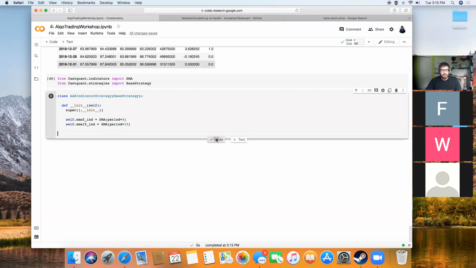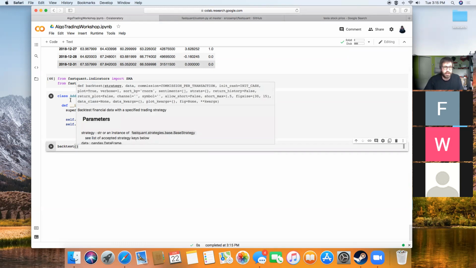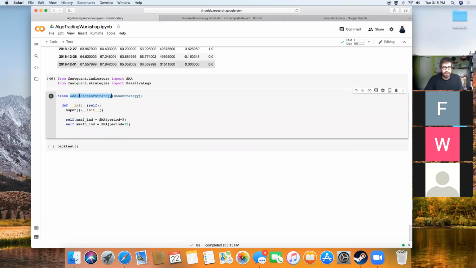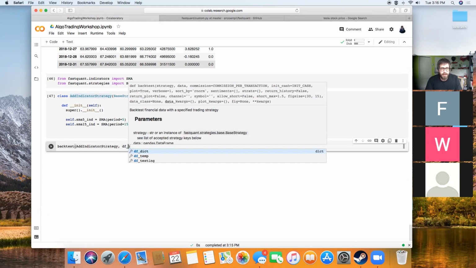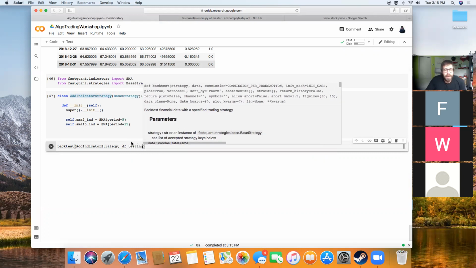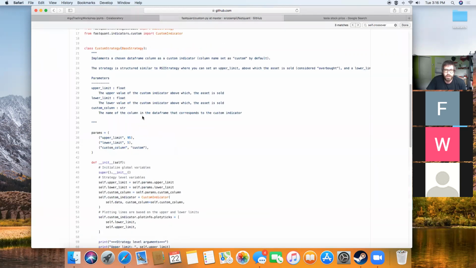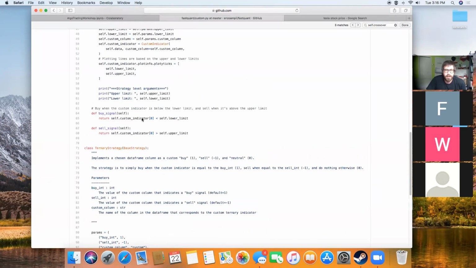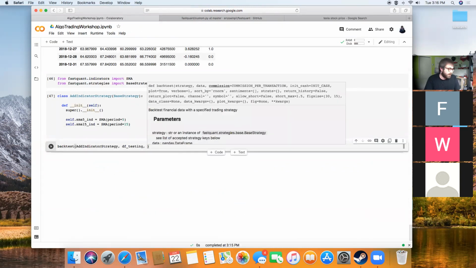So now if I pass it through the backtesting function, because the backtest function takes a strategy, and this is a strategy that inherits from base strategy, so it can work, and I can pass my data. What will happen is that it will actually calculate these indicators for me. And it will go on with the strategy, but the base strategy will just return true for the buy and sell. So I don't really care about the result of the strategy, but I care about the data itself.